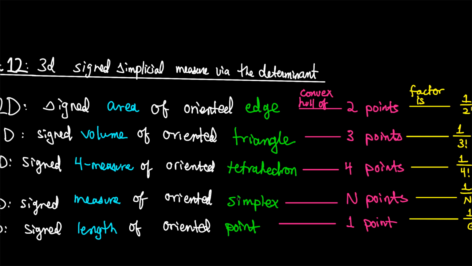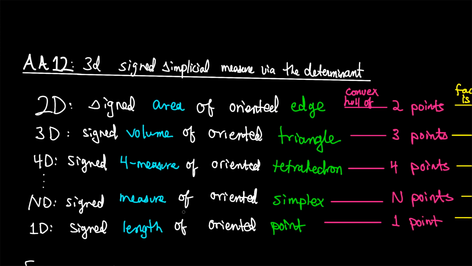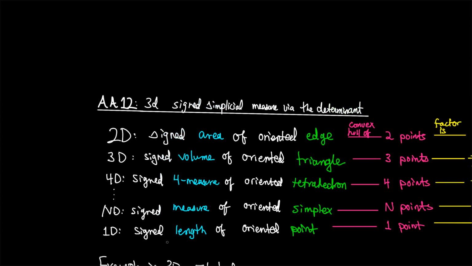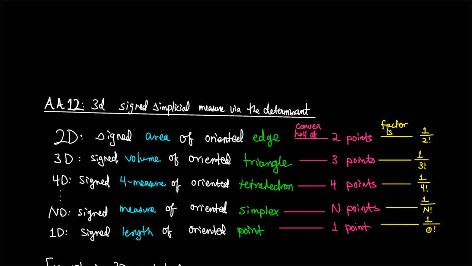It's a two-dimensional object. You get the point. And this also goes down to 1 dimension, which is if you just think of it as a single line, this is the signed length of an oriented point. That's the determinant of a 1 by 1 matrix. It gives you the signed length of an oriented point, if you want to think about it that way.